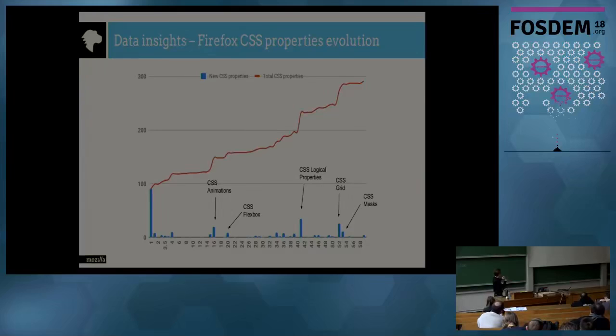In Firefox 16, for example, there were a lot of new CSS properties, and I wondered what was going on there. It turns out they implemented CSS animations back then, or later Flexbox. So over the last 50 or 60 Firefox versions, CSS got more and more complex, adding more features over time. I could make this chart only out of our data, which I thought was kind of interesting.